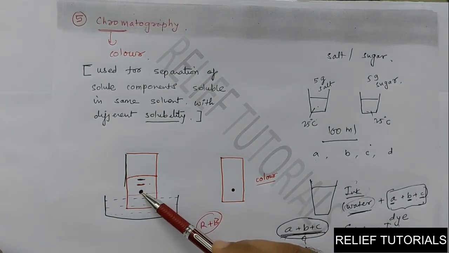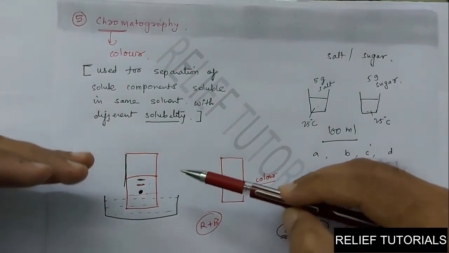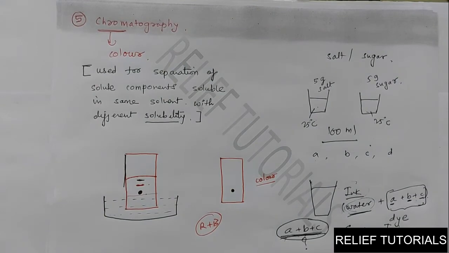Here both were at the same place, but as the water goes in the upward direction, the particle which is more soluble rushes faster after the water, and the less soluble one will remain behind. Is that clear? So this way the colors can get separated.